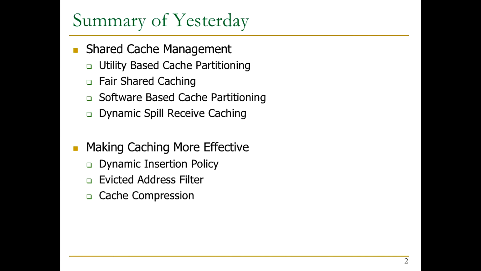So we talked about things like dynamic insertion policy, more probabilistic insertion into the cache, evicted address filters, trying to predict the reuse behavior of different blocks, and cache compression, making better utilization of the available data store space in the cache. And there are a bunch of other techniques that we don't cover here, but this is just to give you examples of how to make caching more effective.